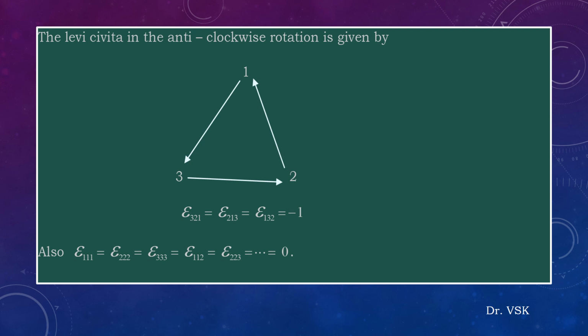As a whole, the Levi-Civita equals 1 if 1, 2, 3 are in clockwise direction rotation, and it is equal to -1 if the numbers 1, 2, 3 are in the anti-clockwise direction. In all the remaining cases, its value is 0. This Levi-Civita is very useful in representing our vector functions like curl of a vector field, etc.